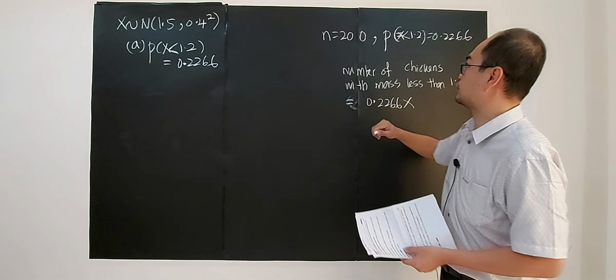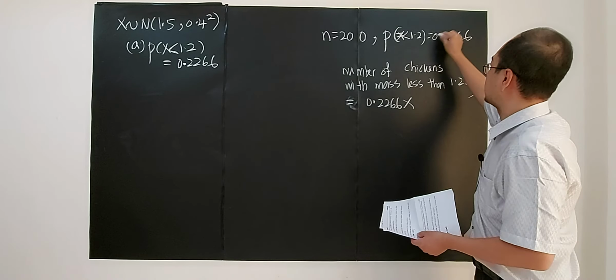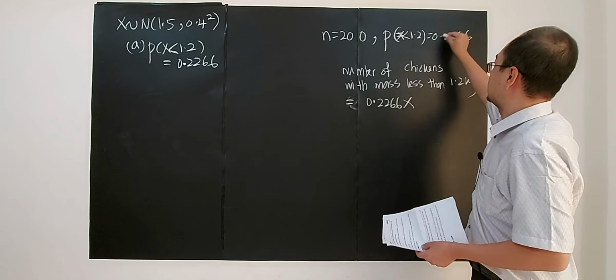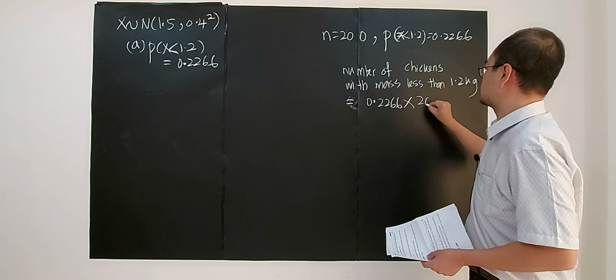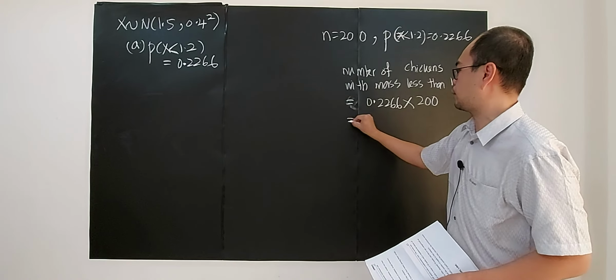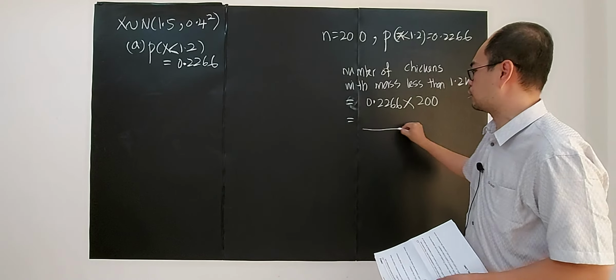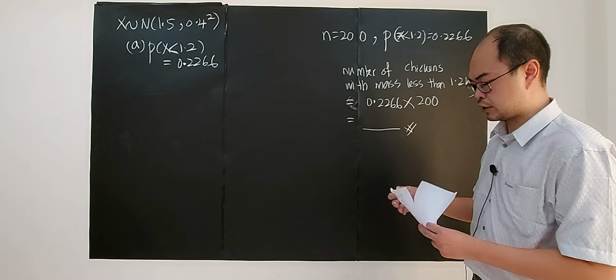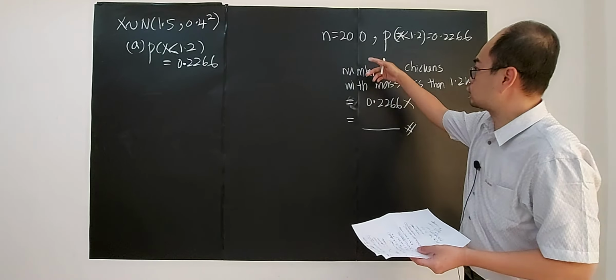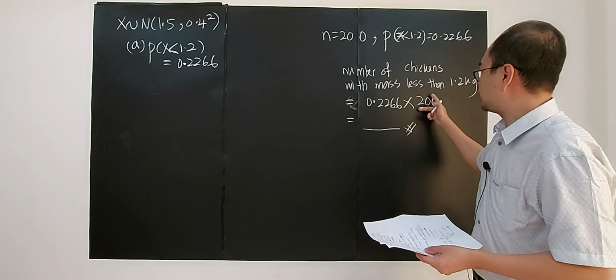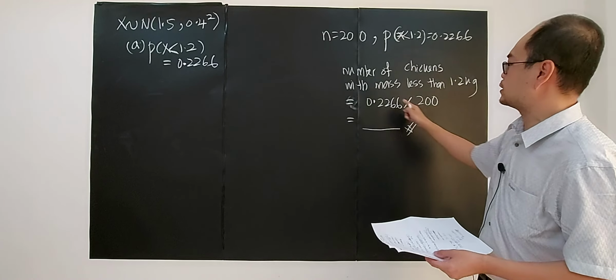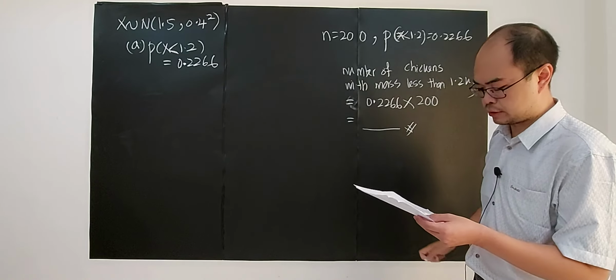The sample is 200, so we expect the mean to be 200 multiplied by 0.2266. Then we can find the expected number of chickens. Out of the 200, how many weigh less than 1.2 kg? I just take the percentage multiplied by the 200.